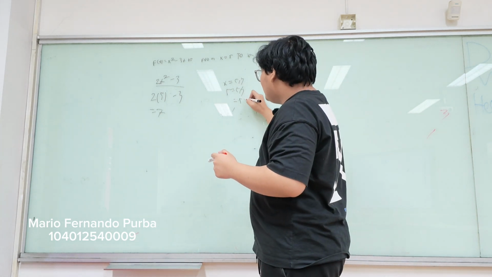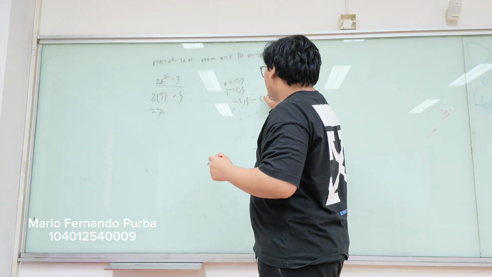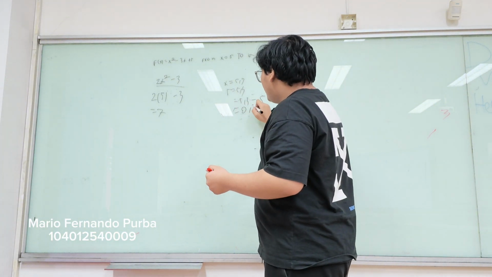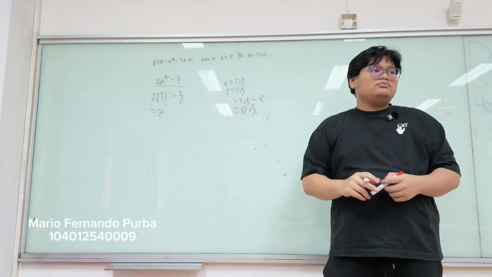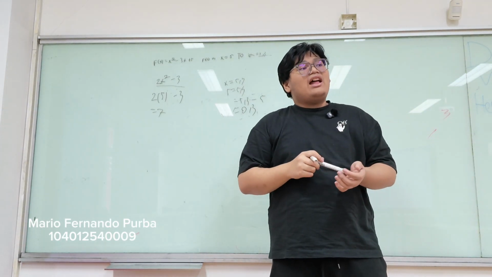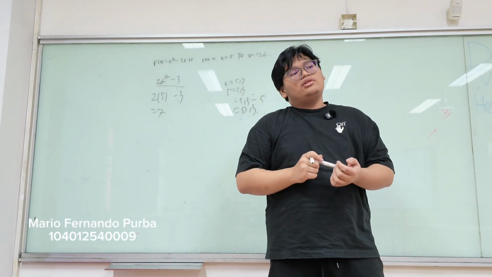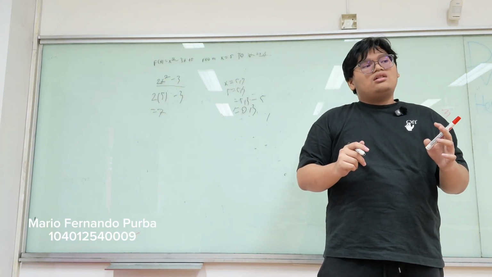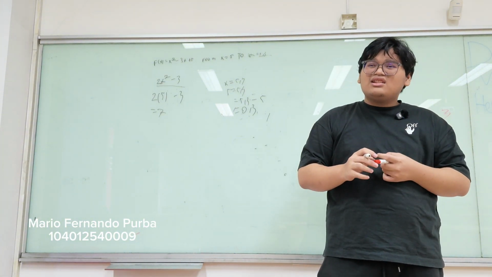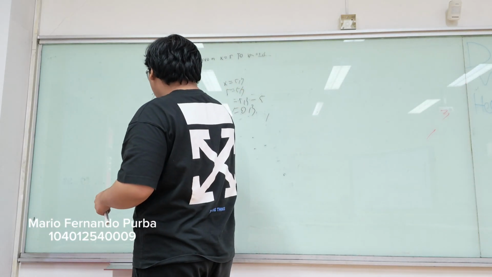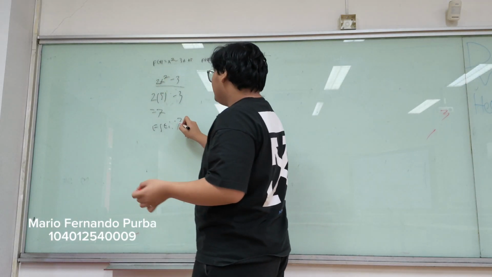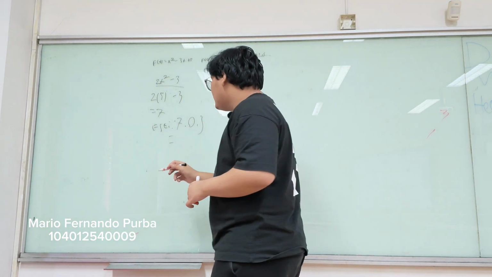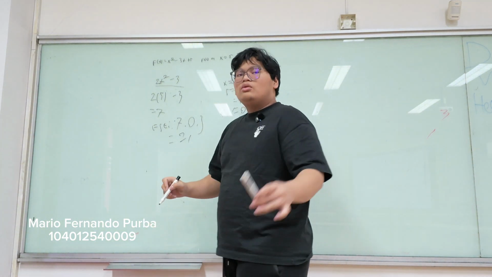So we make it 5.3 minus 5, which is equal to 0.3. And we're going to estimate the value of it. So we do 7 times 0.3. Bring out your calculator guys, it is 2.1.